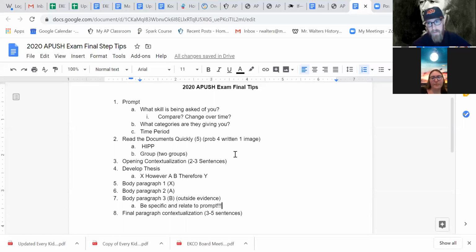Next, do they give you categories? Did they say what are the political and social differences? Did they list them up? Did they not? Did they say, you know, compare and contrast these two events, and they let you pick the categories? If they choose the categories for you, if they say social and economic, there you go. There's your two categories, social and economic. If they didn't, you need to come up with them.